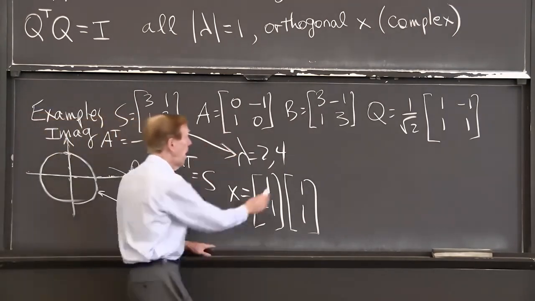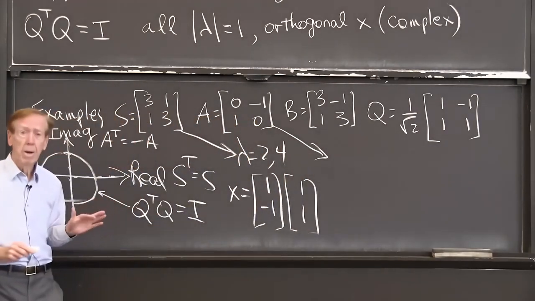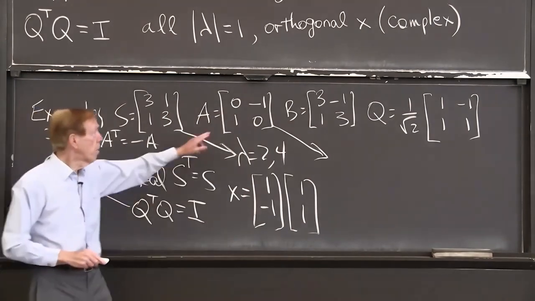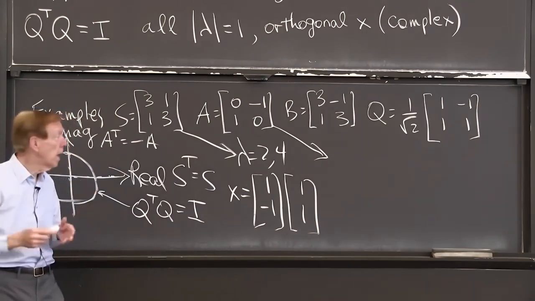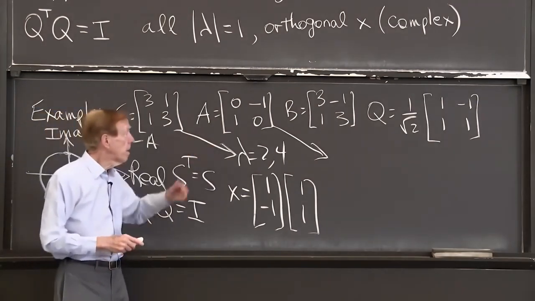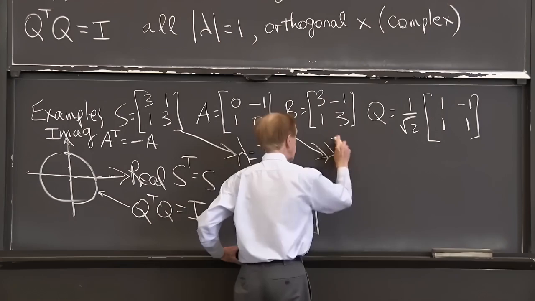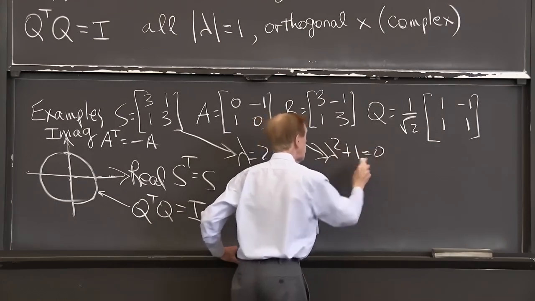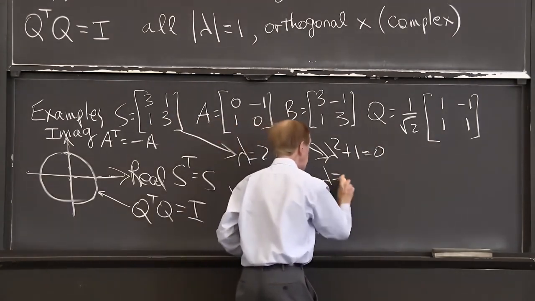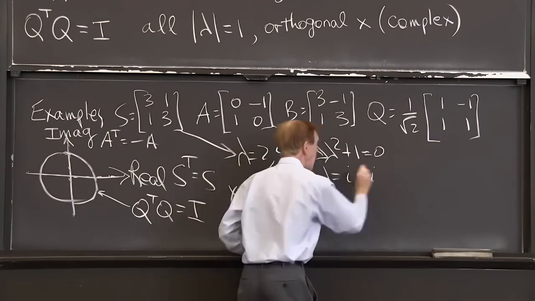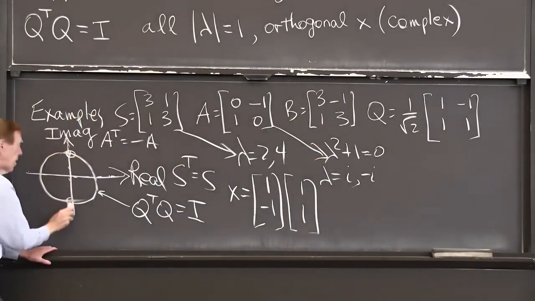What about A? Antisymmetric. The equation, when I do determinant of lambda minus A, I get lambda squared plus 1 equals 0 for this one. That leads me to lambda squared plus 1 equals 0. So that gives me lambda is i and minus i, as promised, on the imaginary axis.